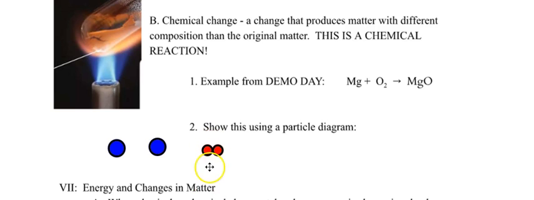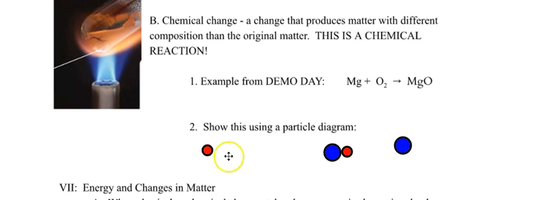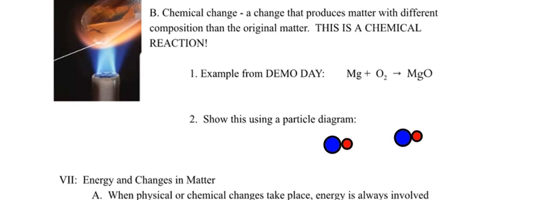It's going to break the oxygen bonds, tear these apart, and they're going to rearrange. Here's one magnesium oxide. Here's another magnesium oxide. So I changed its composition. I changed the way it was bonded.